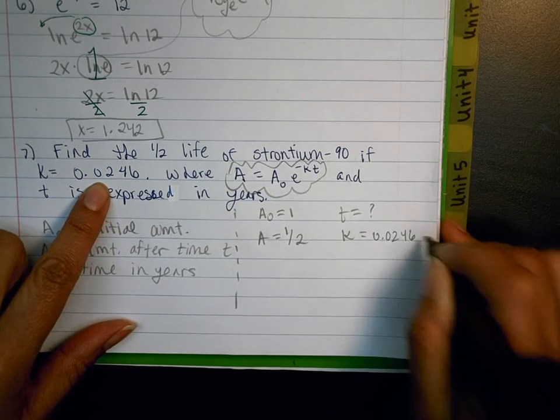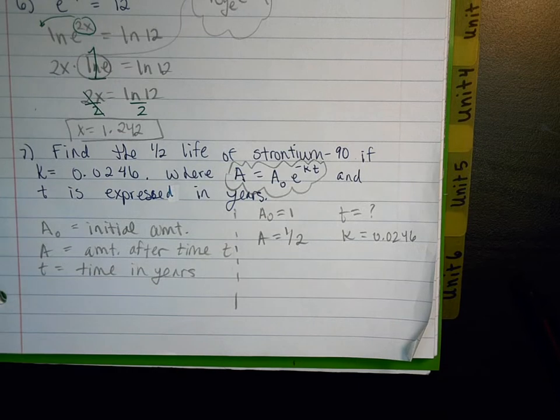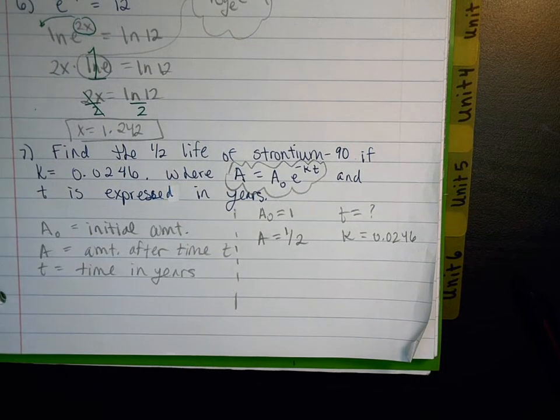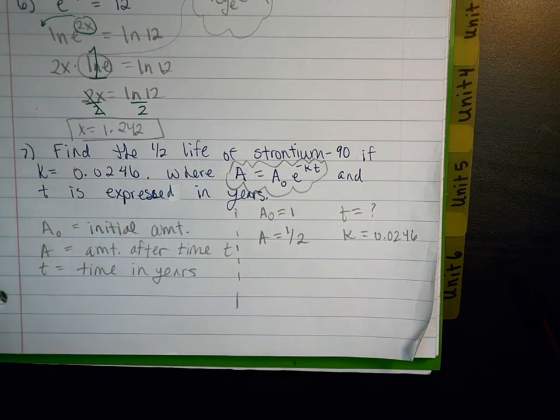0.0246. Okay, so let's say it said something about how long does it take to triple. A naught would be 1 and A would be 3. How long does it take for our amount to double? Not on this problem, but we will get to those eventually when we're dealing with growth problems or with investing money in the bank.